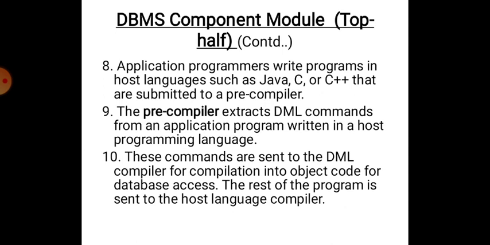Point number 10. These commands are sent to the DML compiler for compilation into object code for database accesses. The rest of the program is sent to the host language compiler.